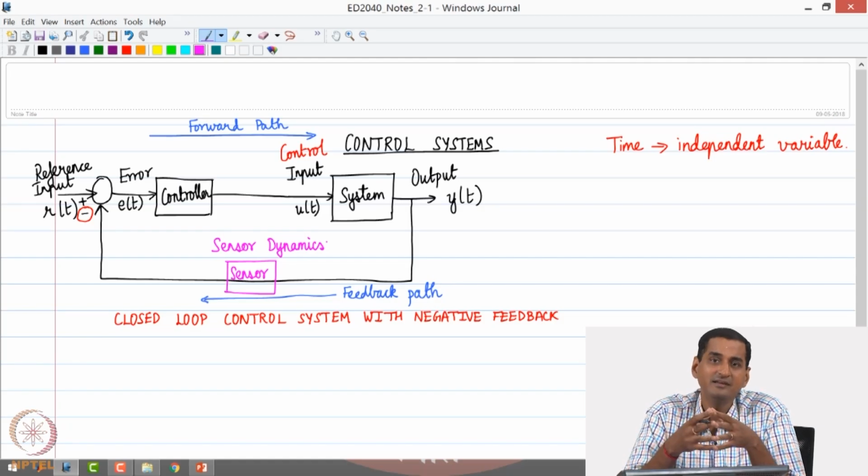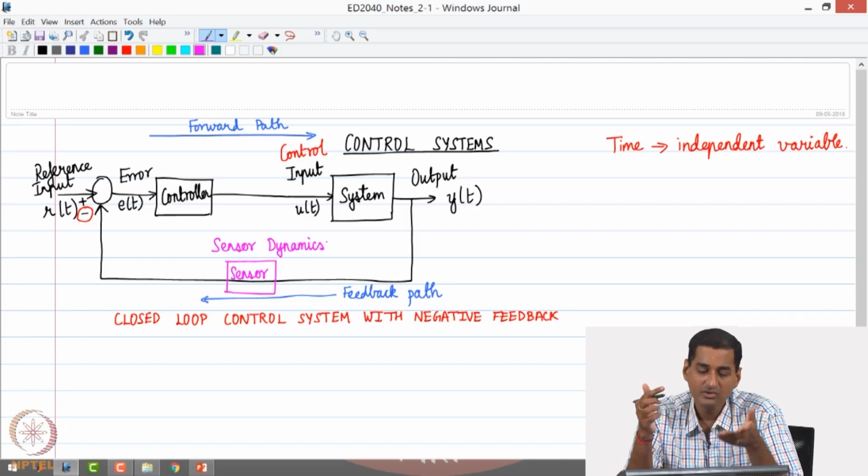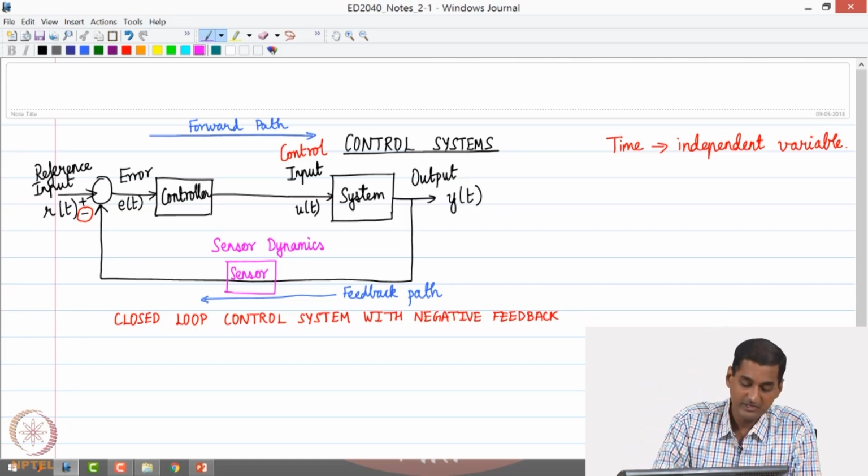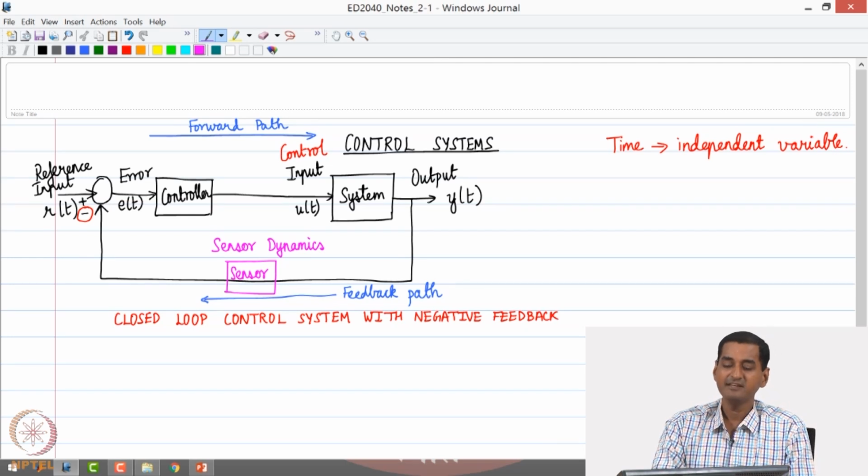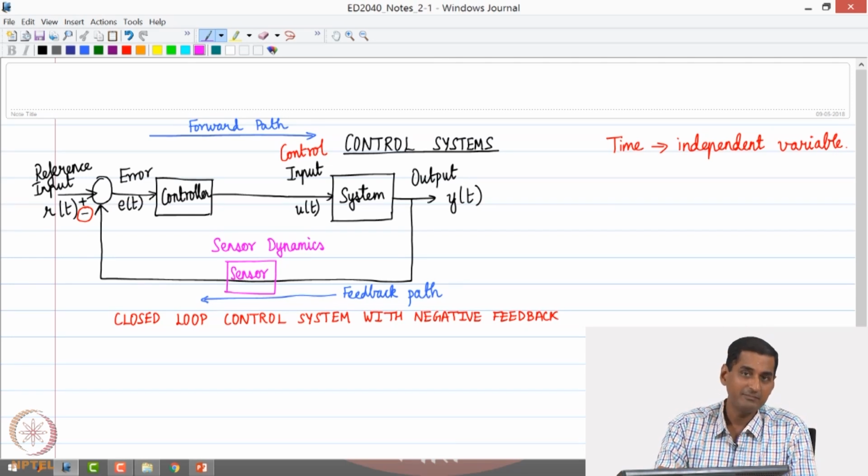On the other hand, if a system responds in a matter of seconds and the sensor also has a corresponding response time in the order of seconds, then I may need to incorporate the effect of sensor dynamics. So, typically sensor dynamics may come into the picture when we consider the feedback path.